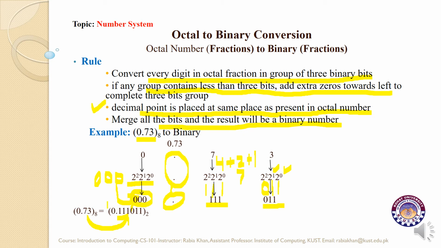So 1 0 is enough. And then the decimal point at its place as it was in the original octal number, and then 3 ones. Here you can see 0, 1, 1, the last group. So this is how you can apply the direct method on fractions as well.